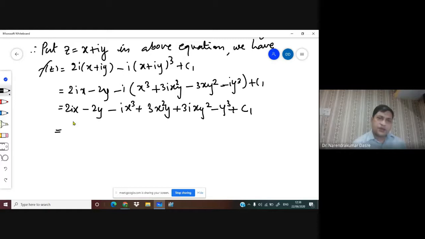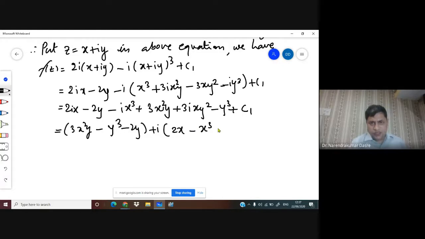Okay, so we collect the terms without i and with i. We will be having 3x square y minus y cube minus 2y. This term is without i, this term is without i, this term is without i, plus i times 2x minus x cube plus 3xy square, plus c1.